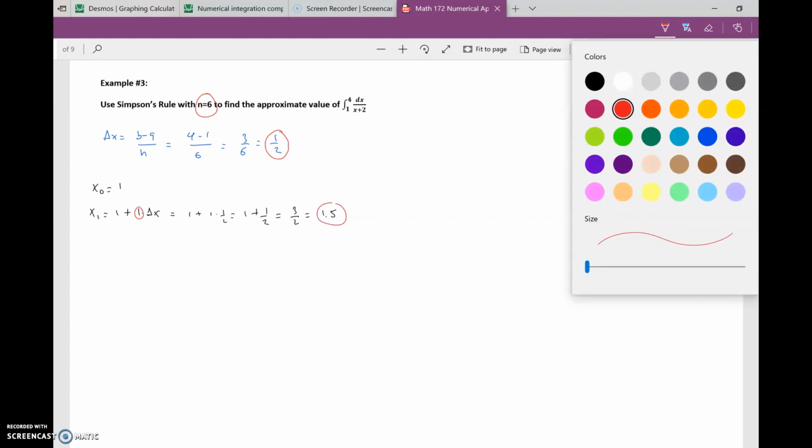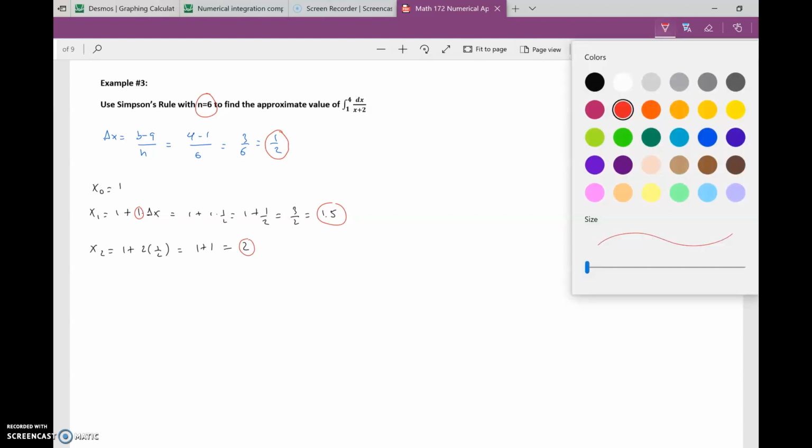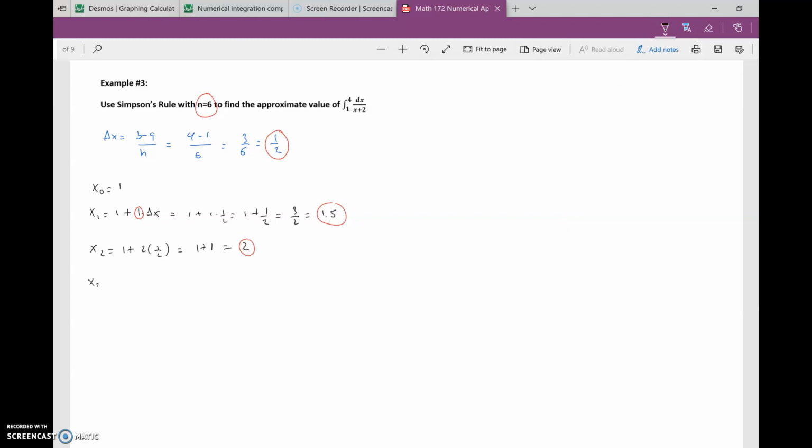Next one, this is going to be x of 2. It's going to be 1 plus 2 times 1/2, or 1 plus 1. I'm getting 2 for the next value. So that's going to be 2. Next one, we're going to move into x of 3.